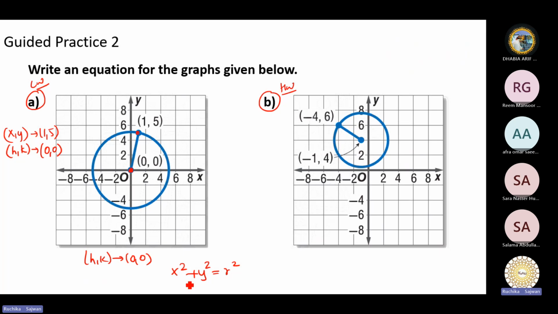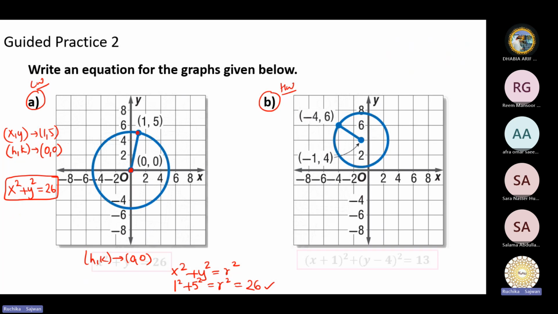So 1 square plus 5 square equal to r square. How much is my r square? You can use a calculator. 5 square is 25, plus 1, 26. So this is my value. I can write the equation now: x square plus y square equal to r square, which is 26. So this is going to be my final answer.